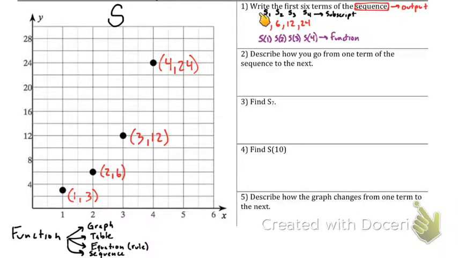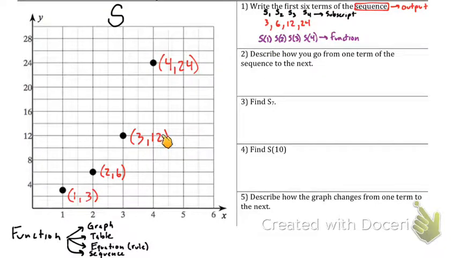It means we're looking at the function S. So here's my function S in graph form. And I want the first part of the sequence, the first number in my sequence. And that is basically my first output. So my first output is 3. S3 here means I want the third output.